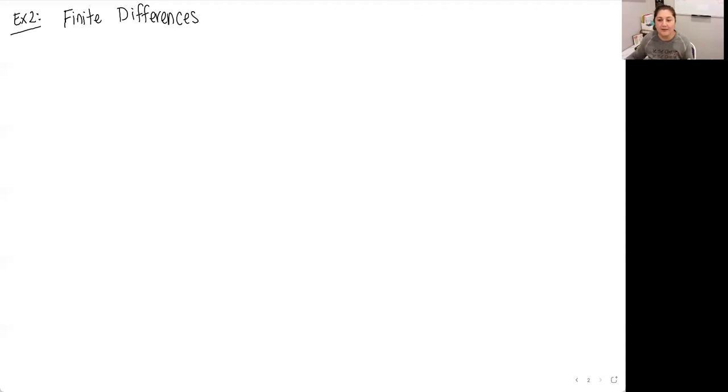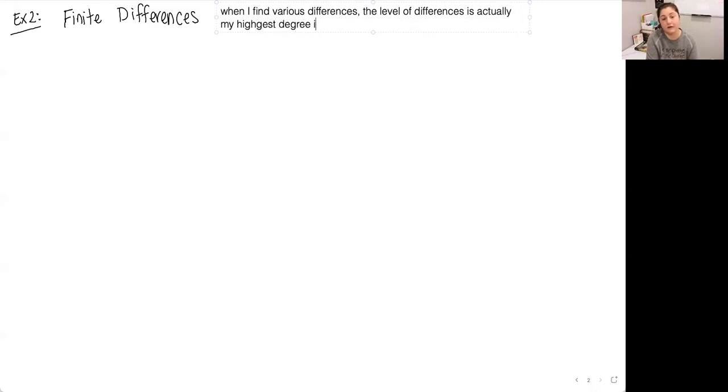So basically what these finite differences are saying is as follows. A finite difference is when I find various differences, and the level of differences is actually my highest degree in the polynomial function.